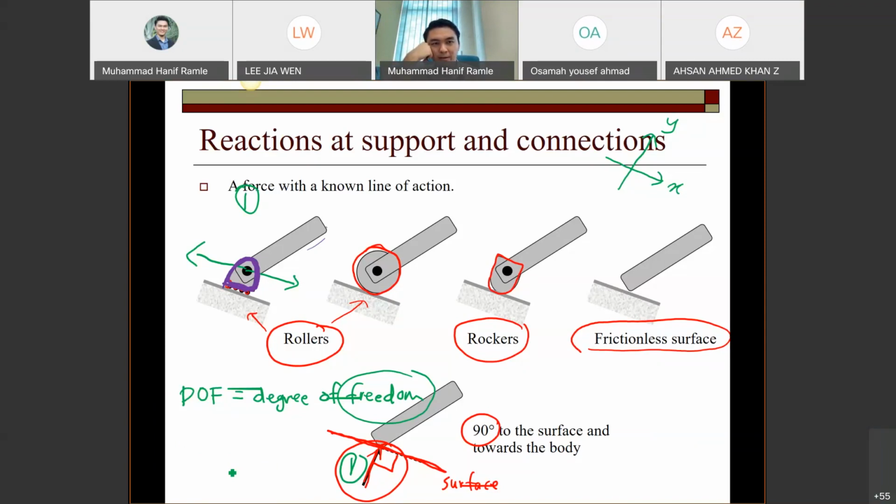Where is another direction? There is no Z, because this is 2D. So this is correct, these 2 are correct. Where is another direction where the body can be moved?